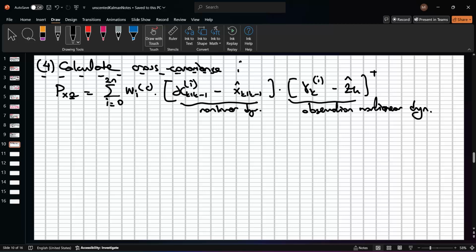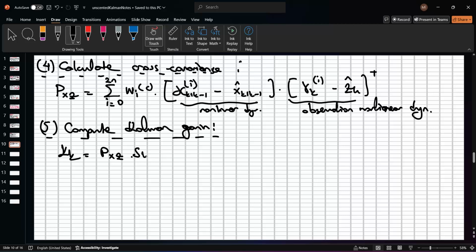We get a huge advantage using this cross covariance matrix, because the normal Kalman filter or the extended Kalman filter does not have this kind of property in here. And so if we want to deal with the nonlinear system, we need to compute the Kalman gain, just like this one. Kk is equal to what? Pxz times the inverse of Sk. Okay?